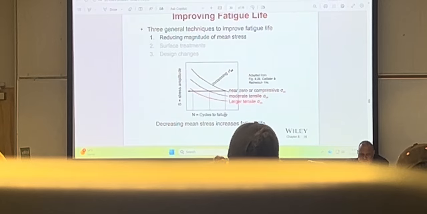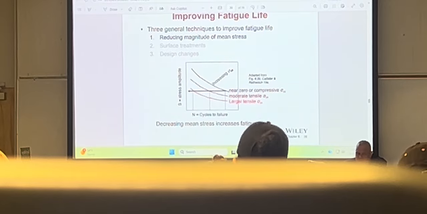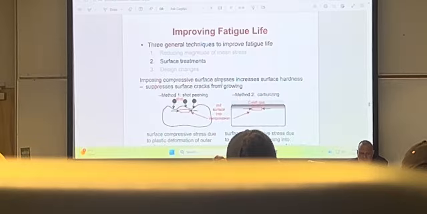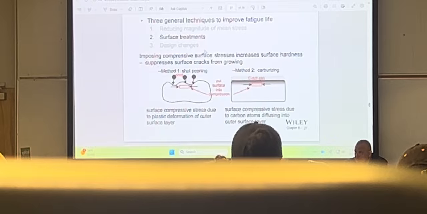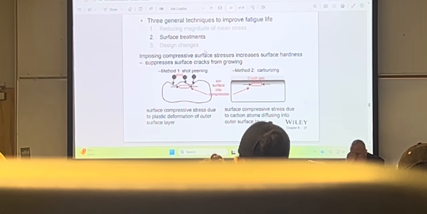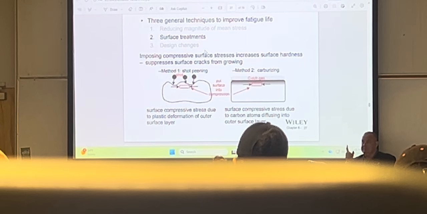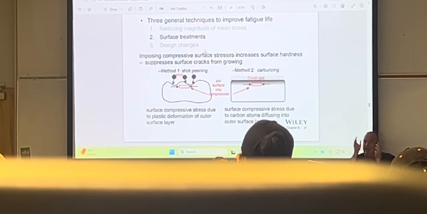Okay? So decreasing the mean stress increases fatigue life. Another one is the surface treatment. If we can put the surface of the material in compression versus tension, then it will improve the fatigue life. How? You can take steel balls, put them in a ball mill, and shoot those balls at the surface, bam, bam, bam, bam, bam.